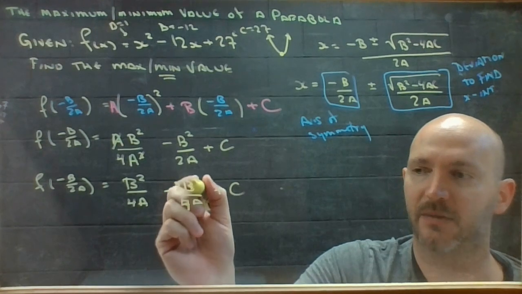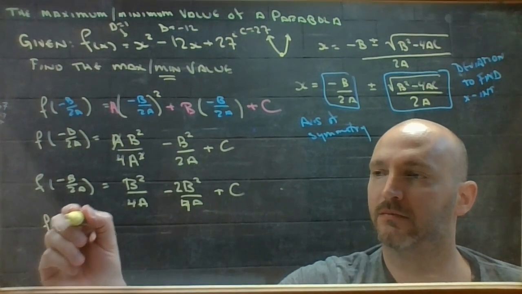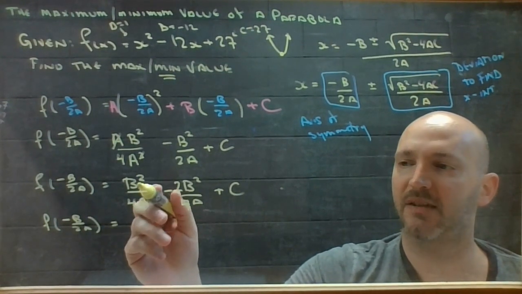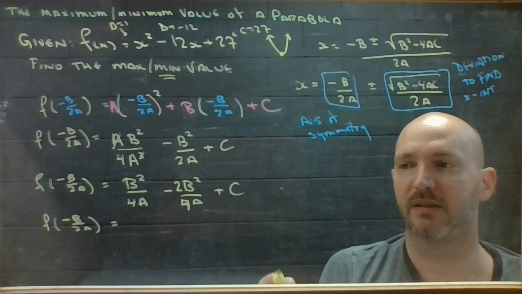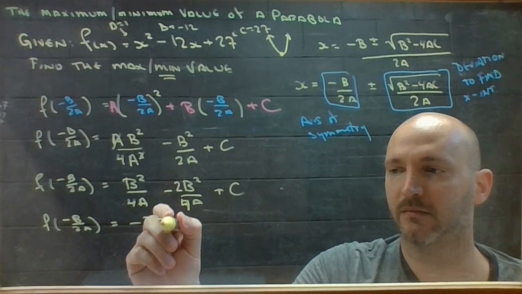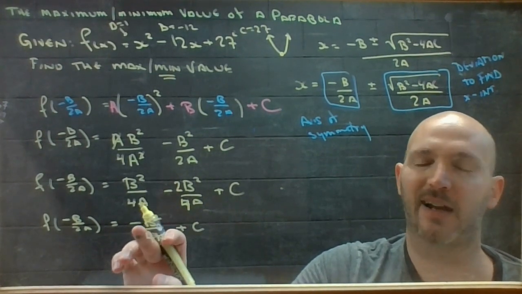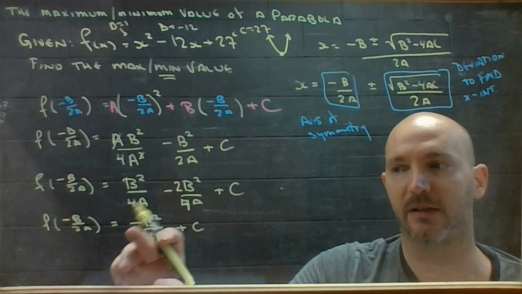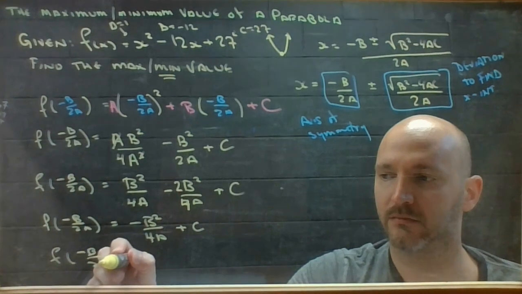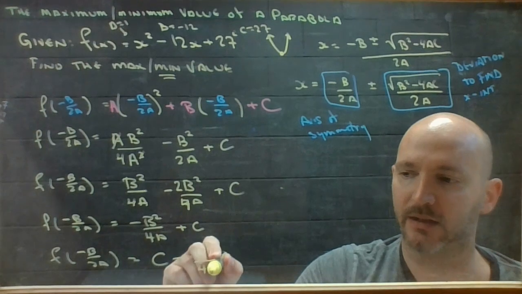If you double the bottom, we've got to double the top. So I have b squared minus 2b squareds. That would be a negative b squared over 4a. And it's kind of rude to lead with a negative, so I'm going to switch the order around here. c minus b squared over 4a.